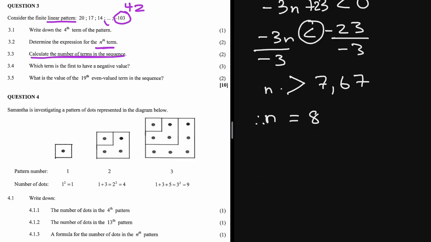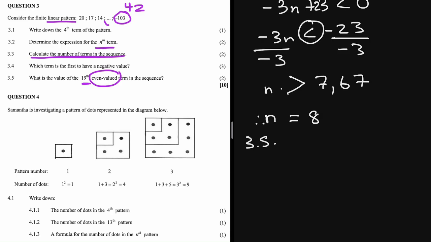So for 3.5, it says, what is the value of the 19th term, even valued term in the sequence? They want the value of the 19th term. I don't understand this even valued. Okay, maybe they are saying that value must be even.